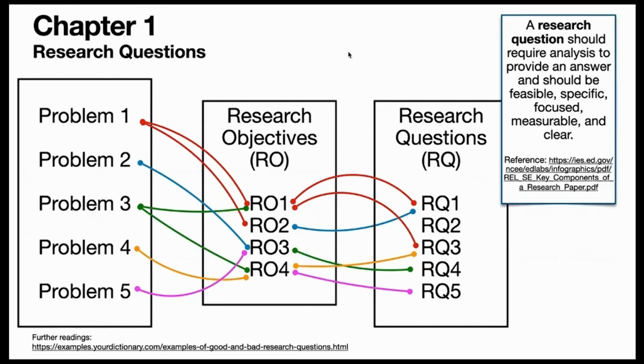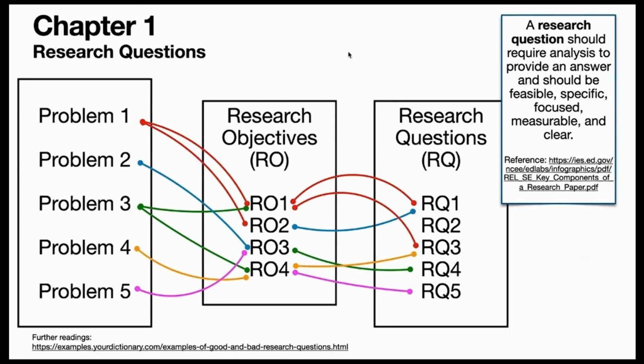Let's say RQ1 contains two variables. First is about the participants, that's a variable, and second is about the situation.